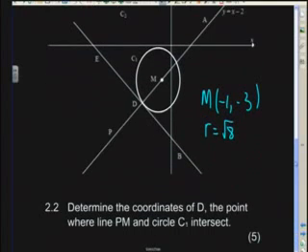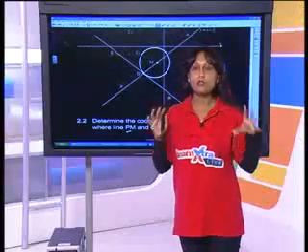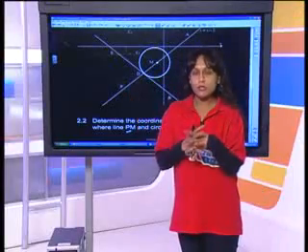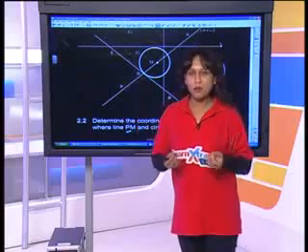Now they say, determine the coordinates of D, which is the point where the line PM and the circle C1 intersect. Guys, if you have the paper in front of you, you'll see that the circle is not drawn in, but I've put the circle in to show you what's happening on the diagram.